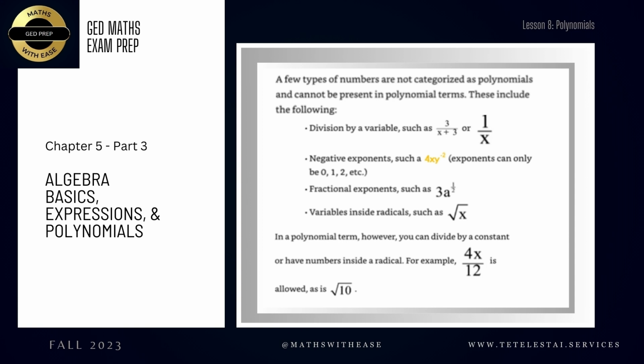For example, if you had 4x over 12, that's allowed. Why? Because whatever x is will always be multiplied by 4 over 12. For example, if x is 1 and you multiplied 1 by 4 over 12, the number 1 is being multiplied by a value that's essentially constant, being 4 over 12, right?